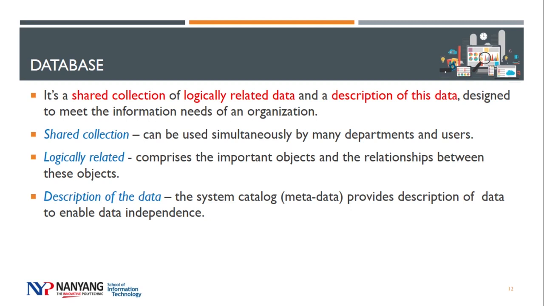So the database is a single large repository of data that can be used simultaneously by many departments and users. The database not only hosts the organization's operational data, but also a description of this data. So whoever accesses the data will know what each and every attribute actually means.